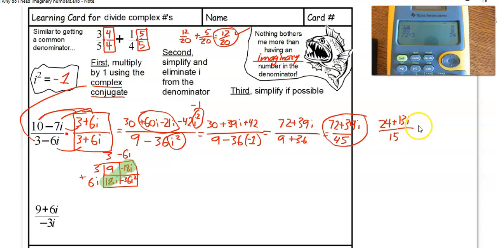This is one way to write that. Another way to write it is 24 over 15 plus 13i over 15. So either of those are acceptable. Sometimes people break them out so they can see if they can further reduce. And I don't think I can reduce these any further, so either one of those would be acceptable answers.